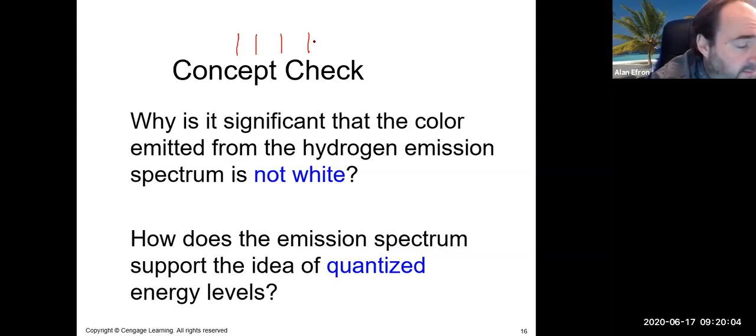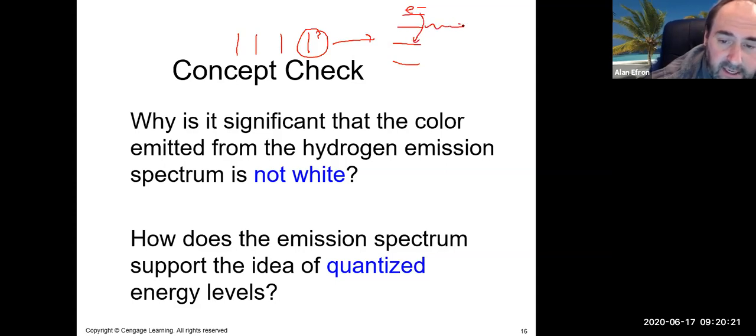And what that means is we have quantized energy, because one of these lines may correspond to the electron starting up here and coming down to this energy level, while another line over here may be an electron coming all the way down to this energy level as it gives off that energy.